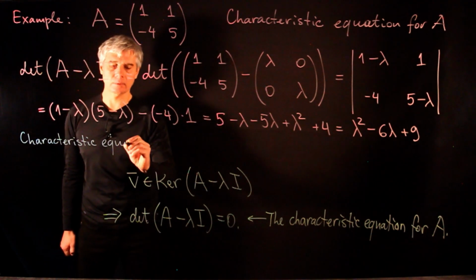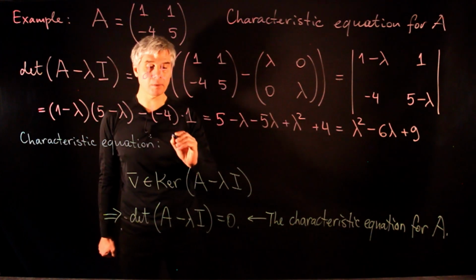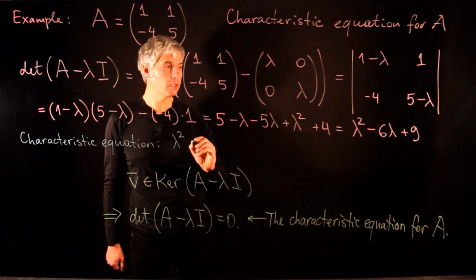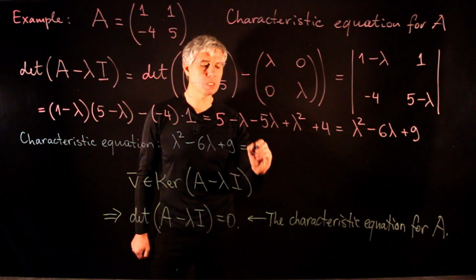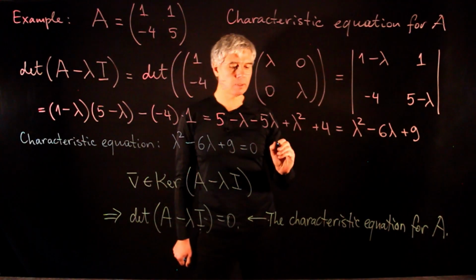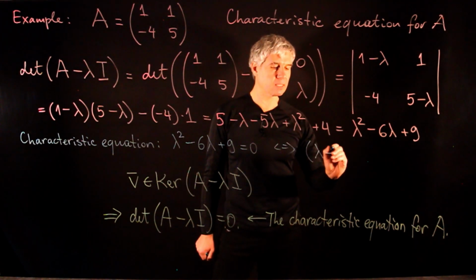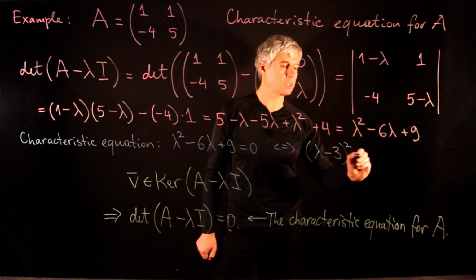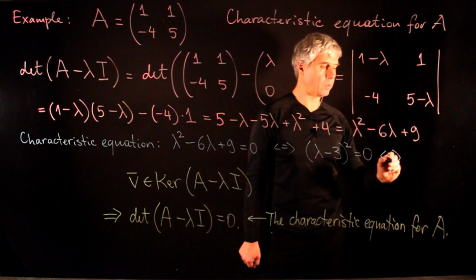And then the characteristic equation for this matrix is the quadratic equation: lambda squared minus 6 lambda plus 9 is equal to 0. And this is the same as lambda minus 3 squared is equal to 0. And so we can see how this solves.